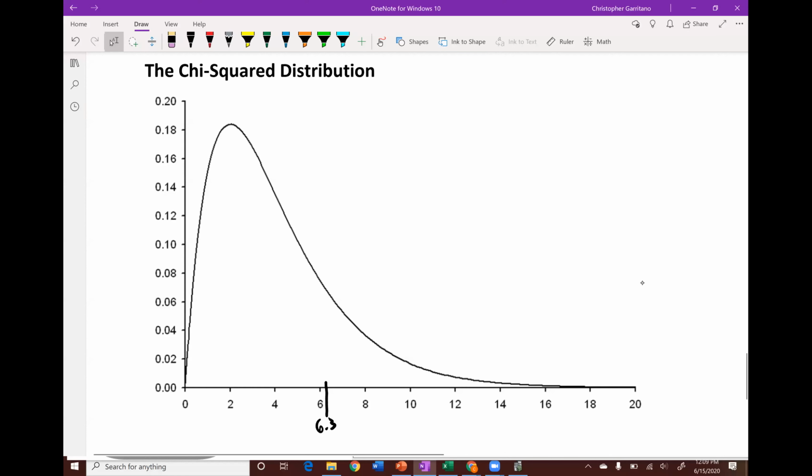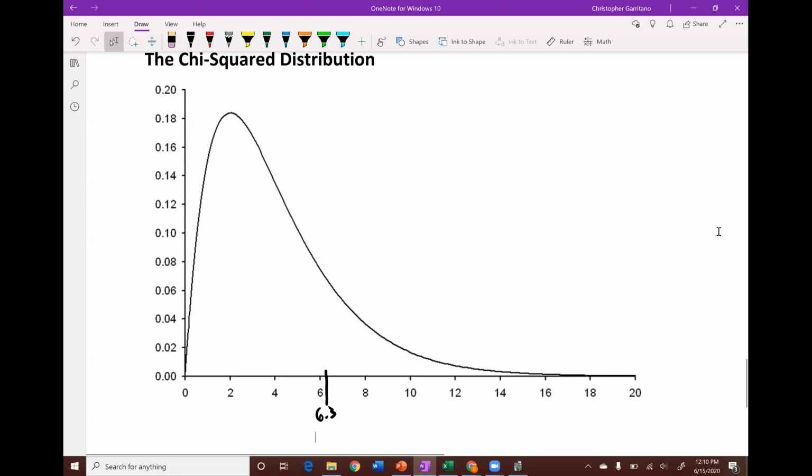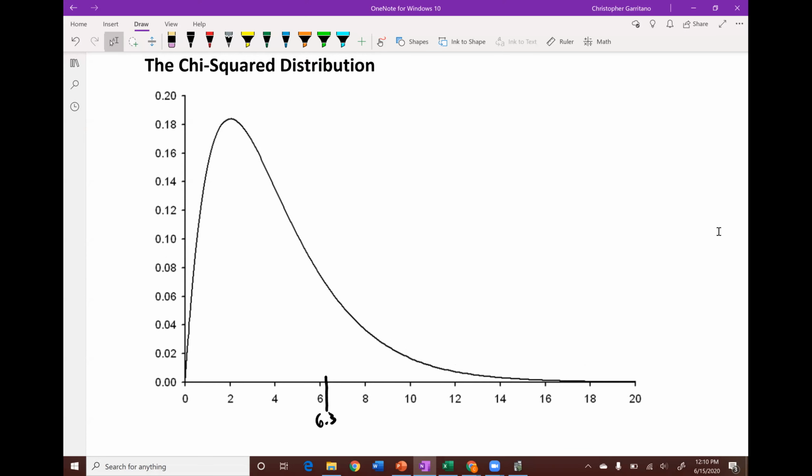Okay, so I've gone to the more generic chi-squared distribution, and I've placed our test statistic there. Now, take a moment and think how you might use this distribution to calculate the p-value.